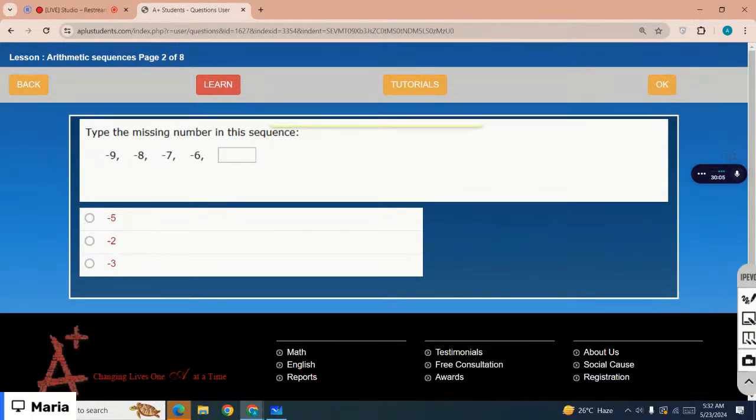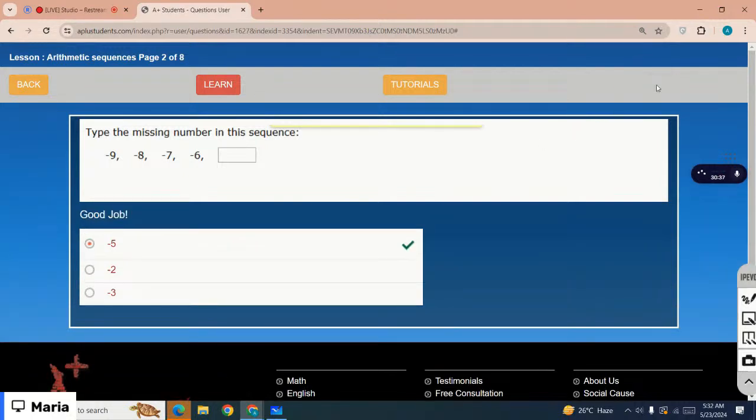Type the missing number in the sequence. Okay, the pattern is decreasing by 1, right? So that would be negative 6 minus 1, which is negative 5.